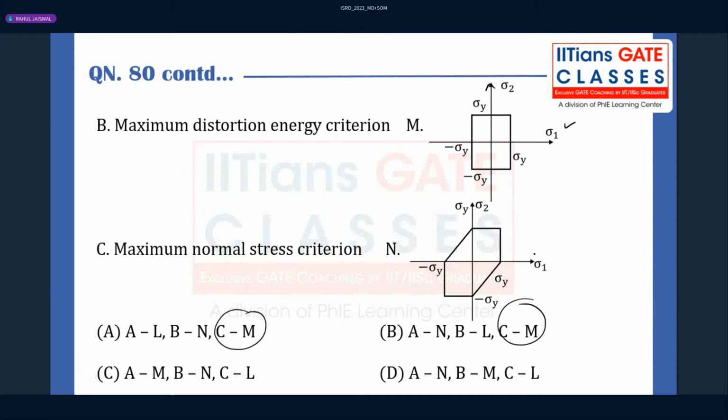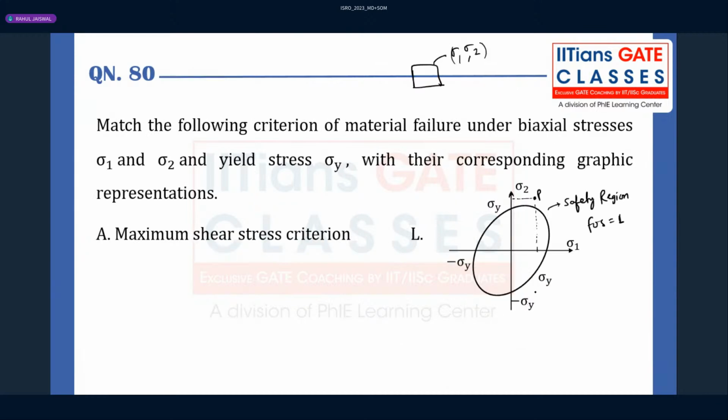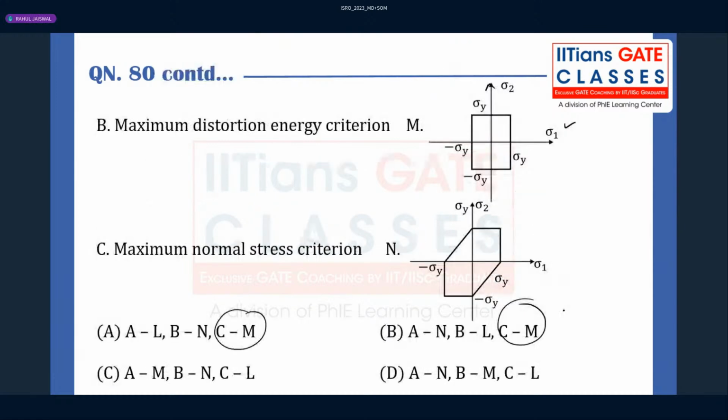Because when you simplify that equation, you will find that it belongs to elliptical equations. So that is nothing but maximum distortion energy theory. So here B will go with the L. So B will be correct, no doubt.